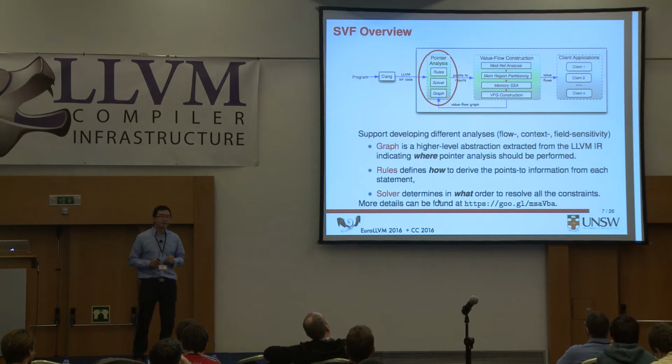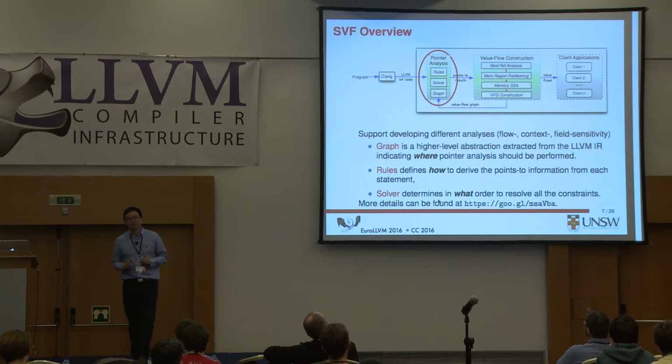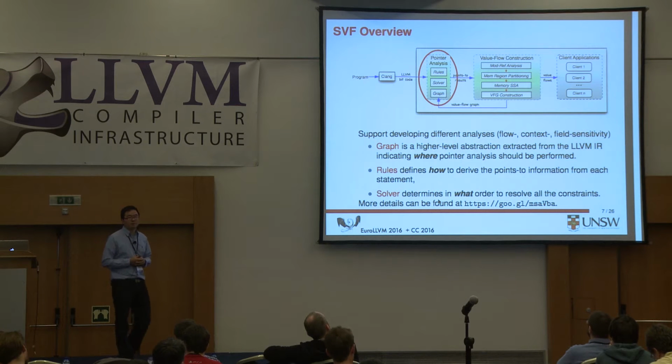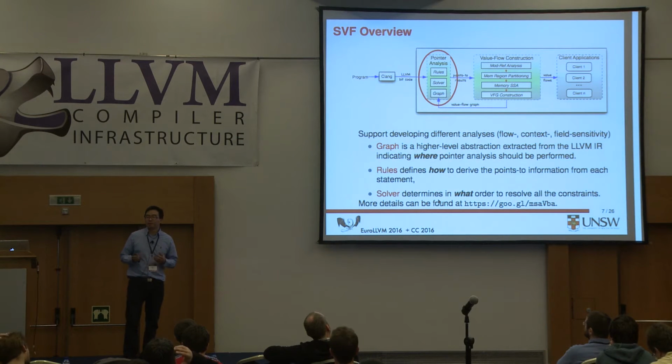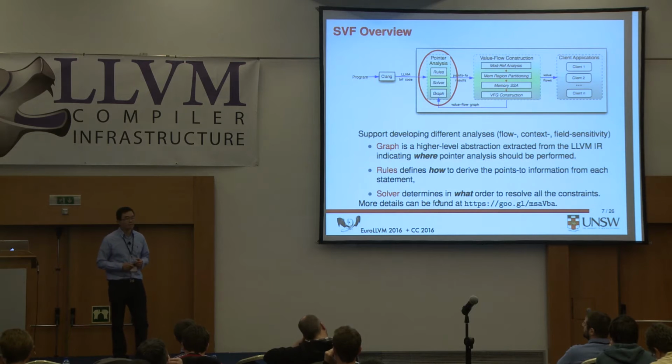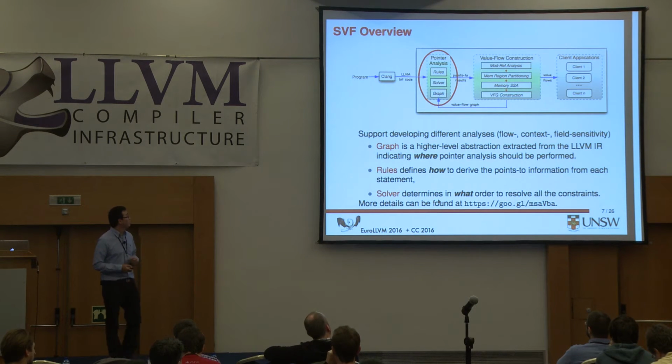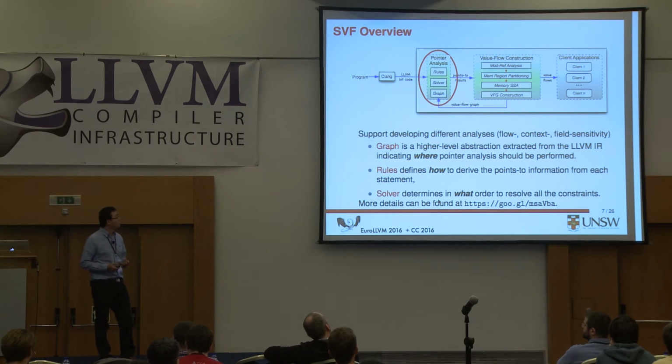So unlike many previous pointer alias analyses, whose implementations are quite densely coupled, we simplified pointer analysis using three loosely connected components, namely graph, rules, and solver. So the graph is a higher level abstraction from the LLVM IR, indicating where the pointer analysis should be performed.